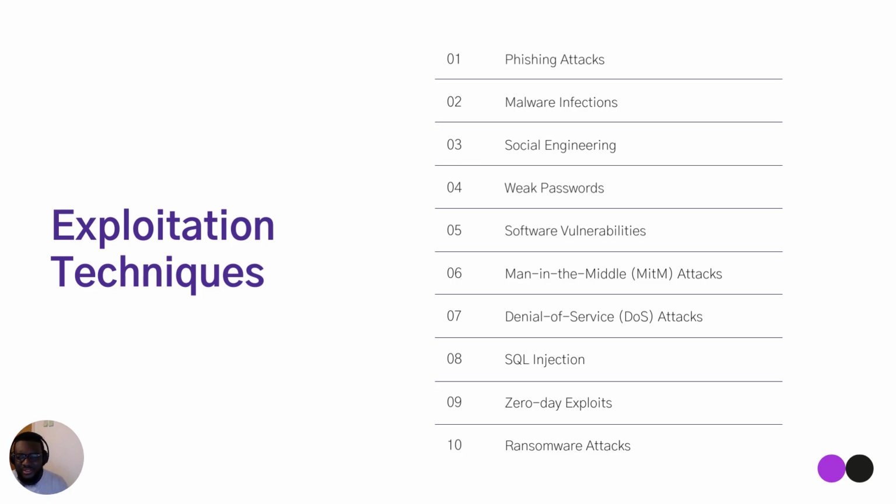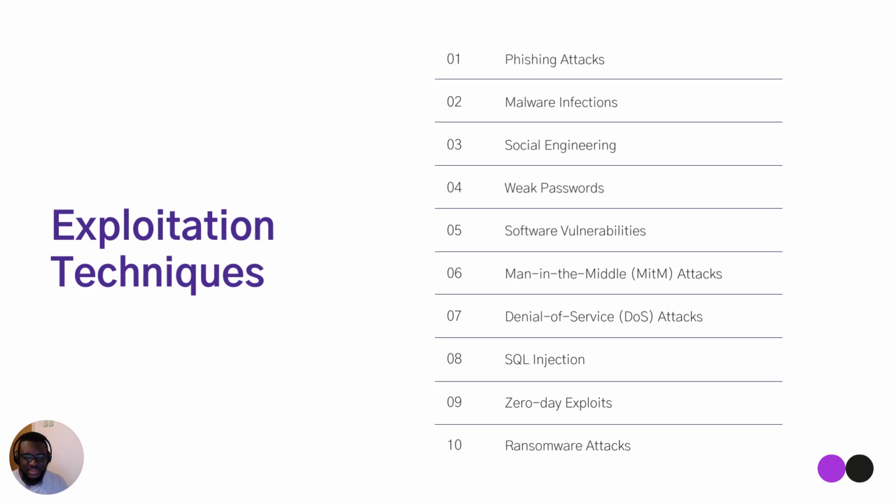Of course, malware is something that classic attackers use to gain access to systems, because once you're infected, then attackers can use that to exploit vulnerabilities or to run code that does what they want.